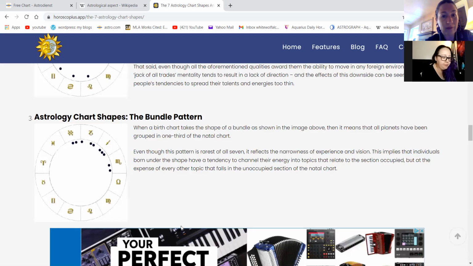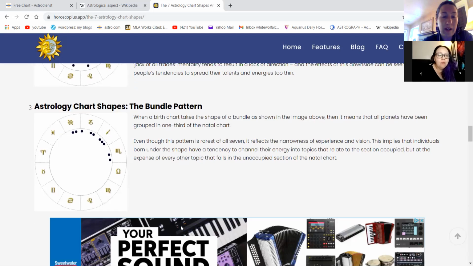The bundle pattern. So when a birth chart takes the shape of a bundle as shown in the image above, it means that all planets have been grouped in 1/3 of the natal chart. Even though this pattern is the rarest of all 7, it reflects the narrowest experience and vision. Narrowness of experience and vision.